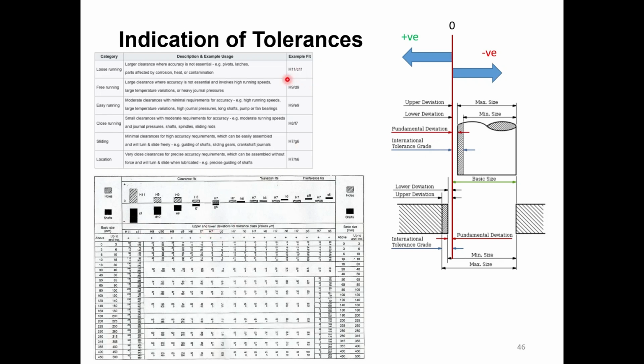So normally they give these kinds of fits numbers. Capital letters go with the hole, if we are dealing with a hole-based system, and small letters go with the shaft, okay? So for example, if we pick the first one, you see we have capital H11 for the hole and small c11 for the shaft.